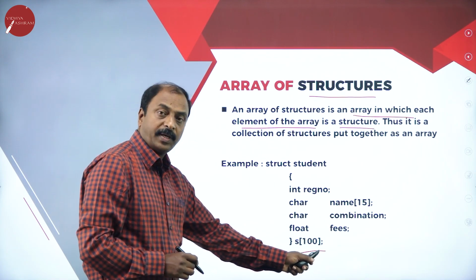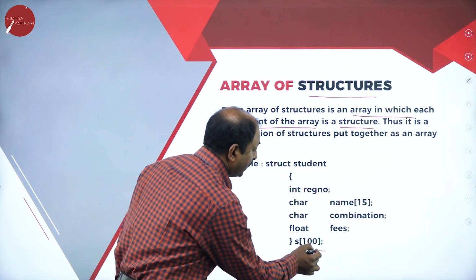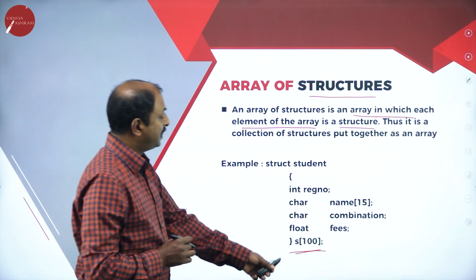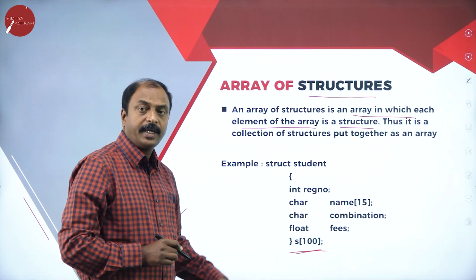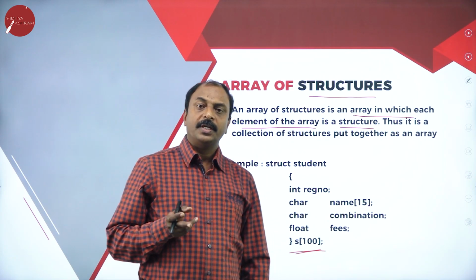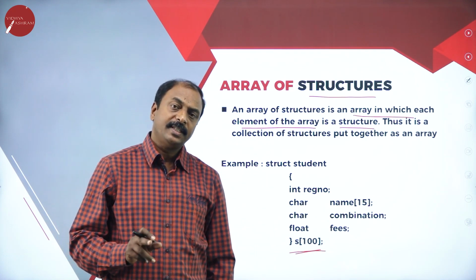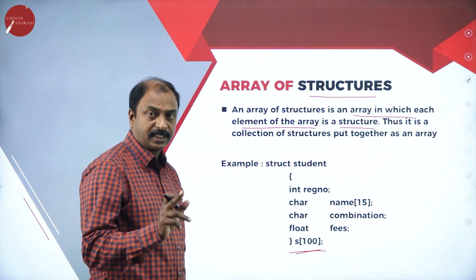Yes, this is a structure variable, but here the structure variable is an array. This is the meaning of array of structure. If I say S of 100, the size of the array is 100, the starting index is 0, and the last index is 99. In each index, we have one structure.